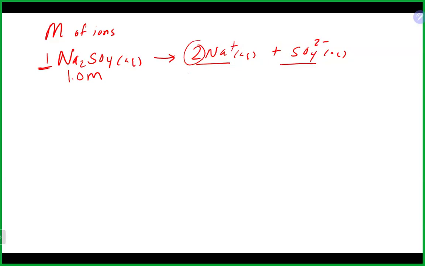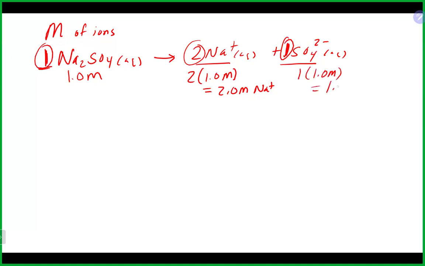So if we were interested in just the sodium's concentration, we would multiply the molarity of the whole thing by 2, and that would give us 2 molar for sodium ions. For sulfate, it is a 1-to-1 relationship, so we take 1 times the molarity of the whole thing, which gives us 1 molar of sulfate.